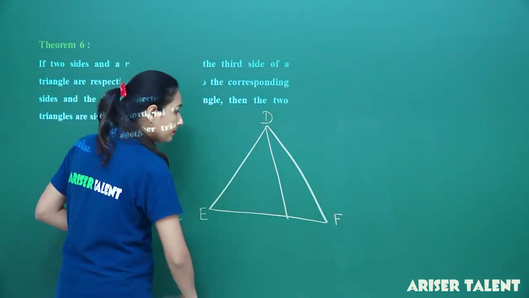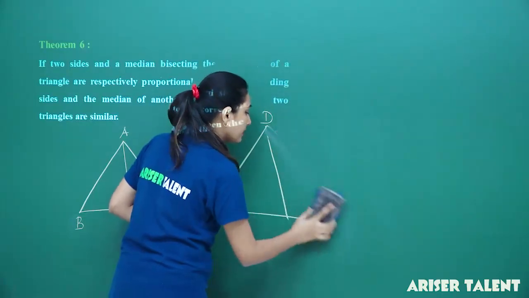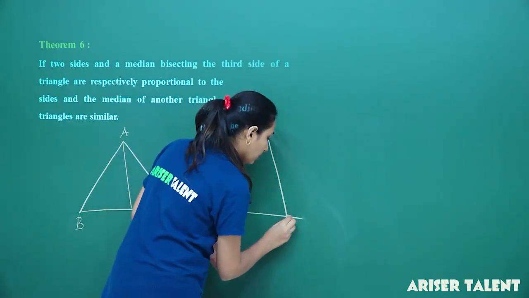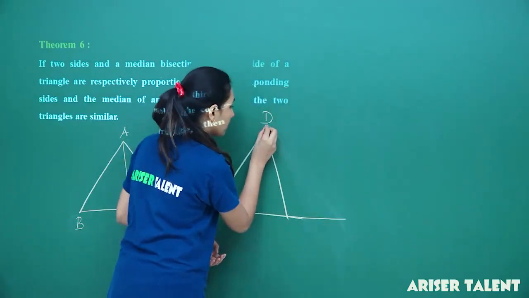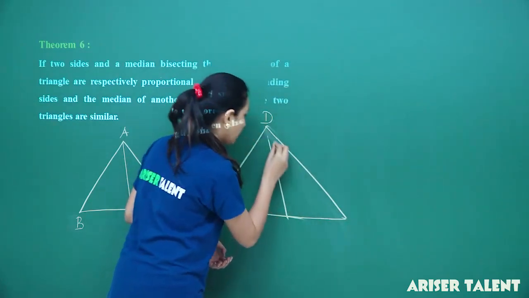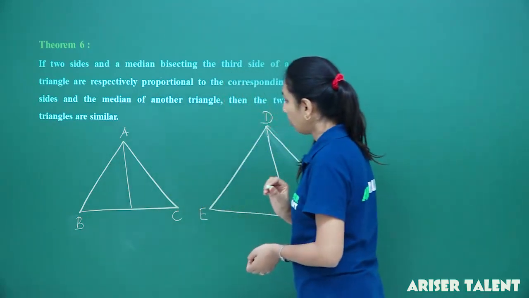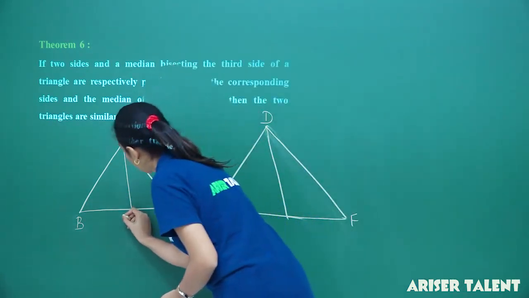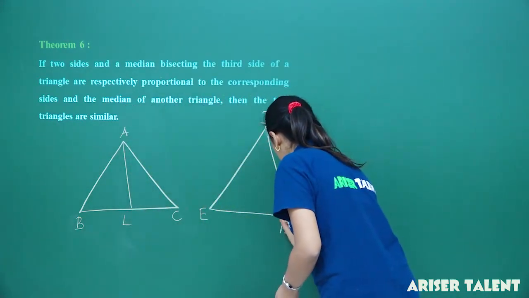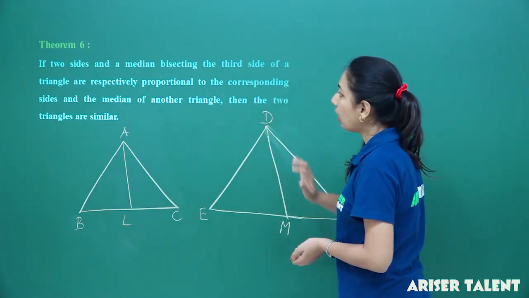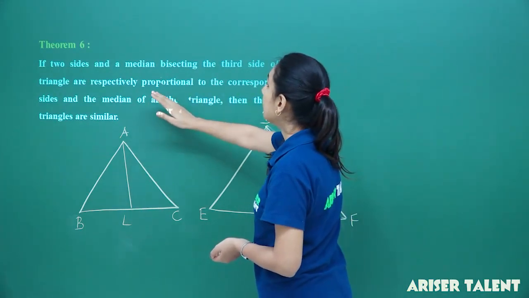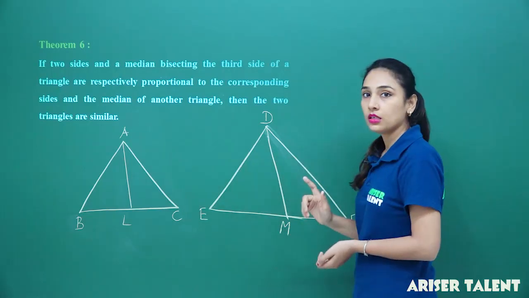Let's suppose here, if this is the median, I have to extend it. Let's name it L and M. So now it's saying that these proportions are similar.